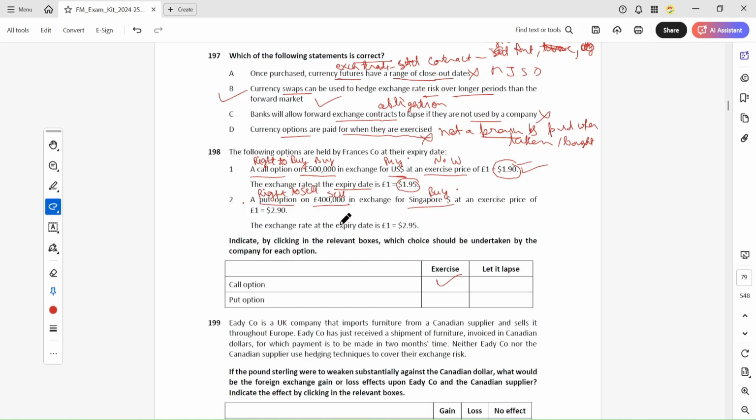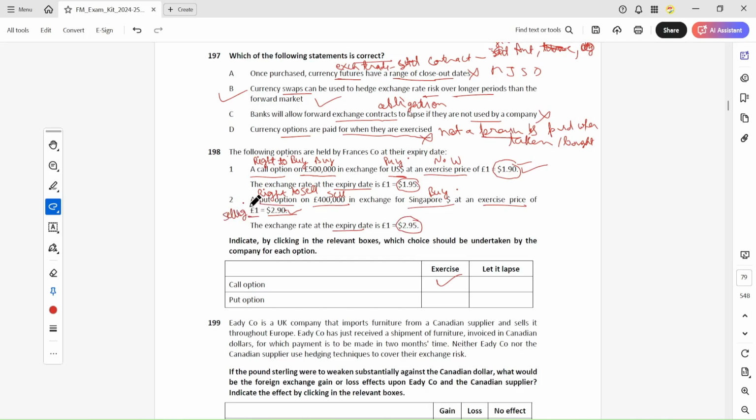At the exercise price, by selling £1 you can only buy 2.90, but at the expiry date you can buy 2.95.